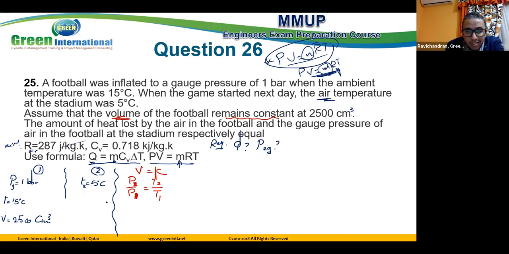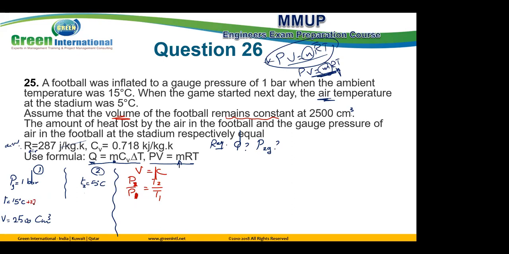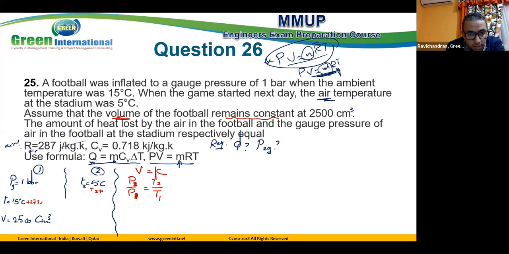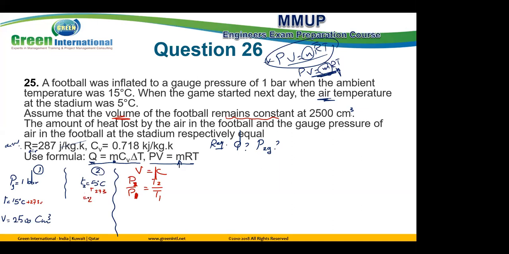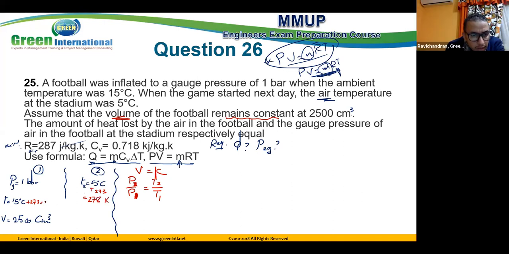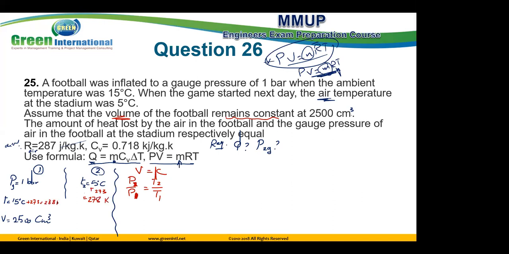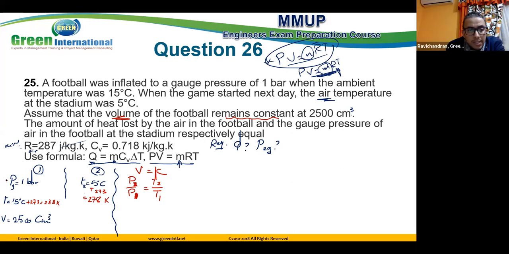But what is the first trick? Celsius must be Kelvin. So this one plus 273 and this one plus 273. So we get the answer here, 278 Kelvin. Second trick: pressure must be converted from gauge pressure to absolute. This must be absolute.